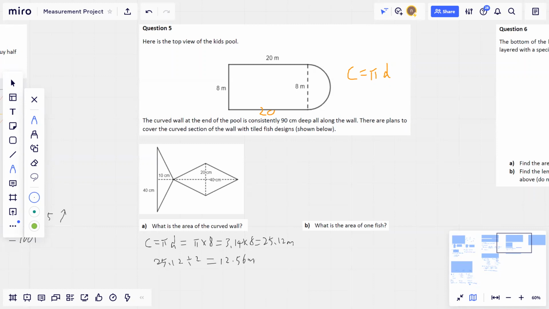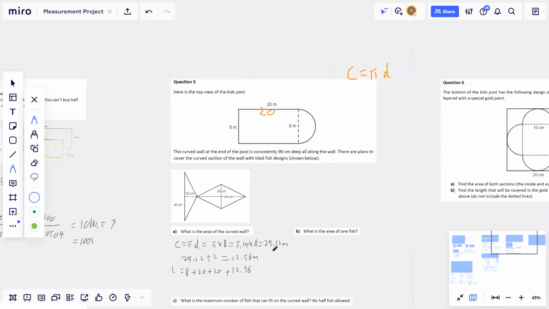And the total length will be 8, with the left hand side, plus 20, which is this part, and plus another 20, which is this part, plus the half circle, which is 12.56. So that's the total length.